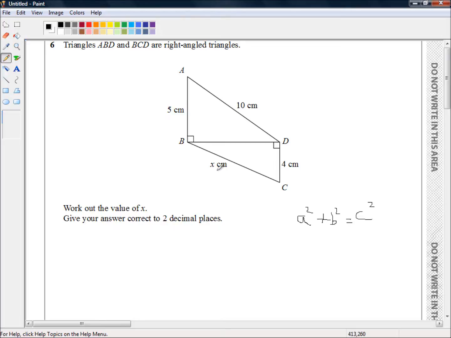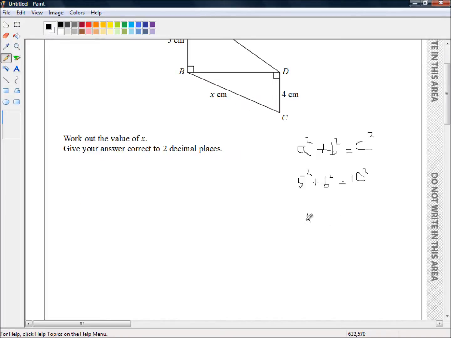Okay, so 5 squared plus b squared is equal to 10 squared. And that means b squared is equal to 10 squared minus 5 squared.